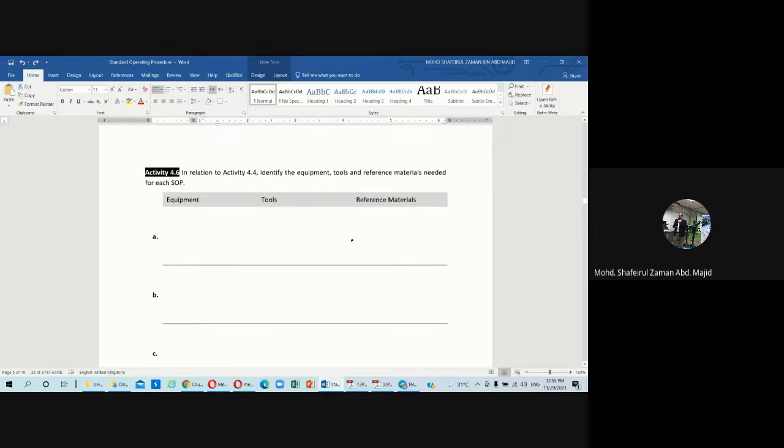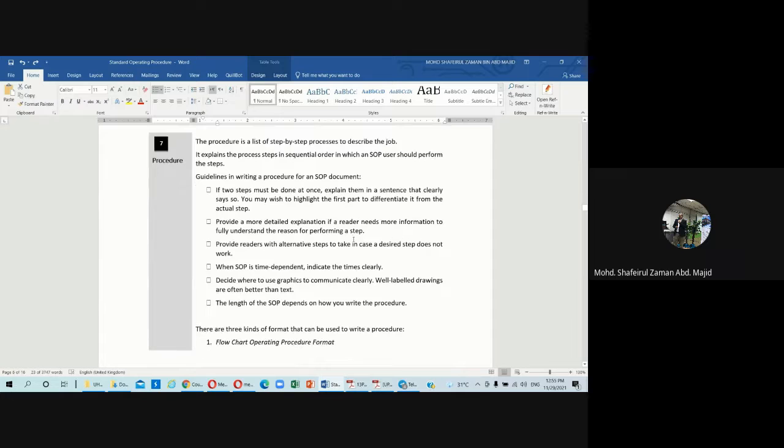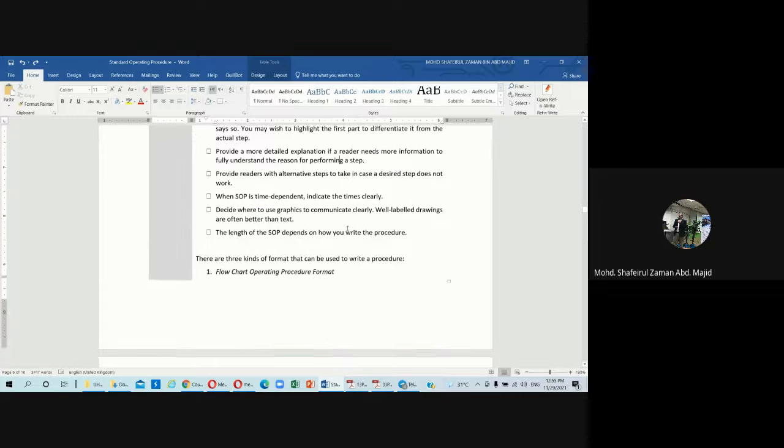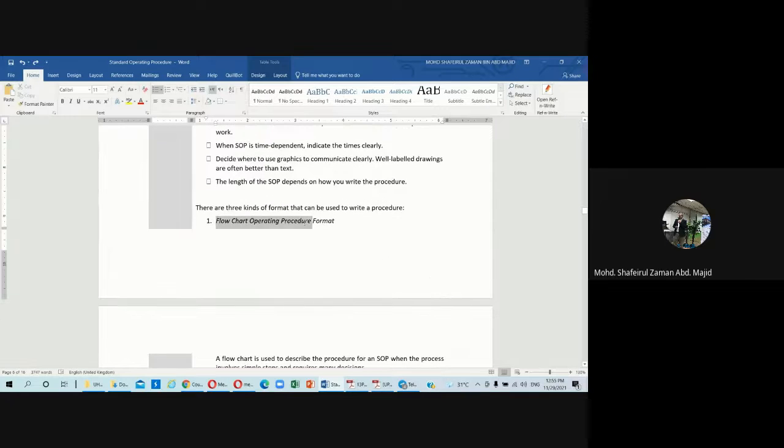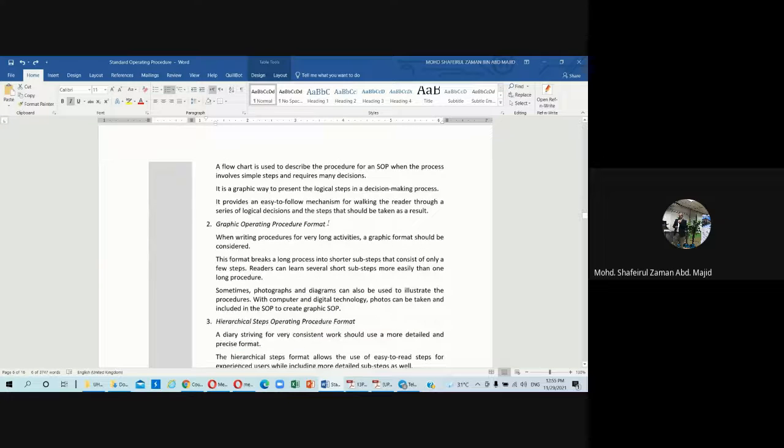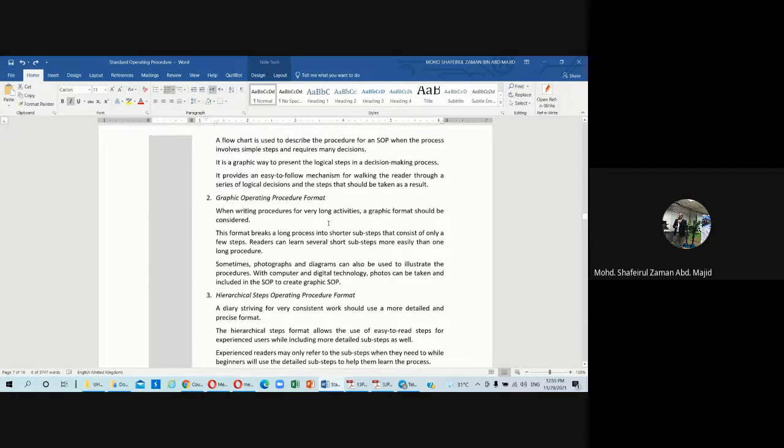Okay. Number 7, the procedure. It looks maybe short, but actually it will be longer. Because why? Okay, as I have mentioned to you, there are 3 kinds of SOP. Number 1 is flowchart SOP. So this is the example of a flowchart SOP down there. Okay.